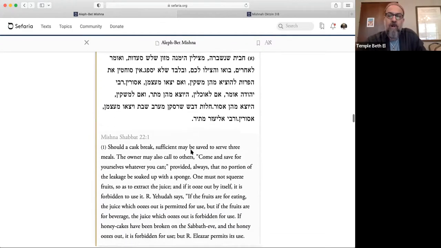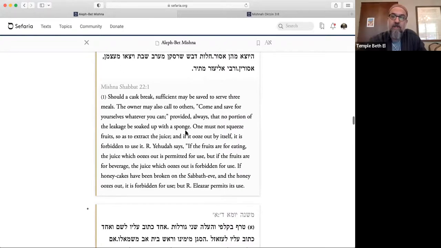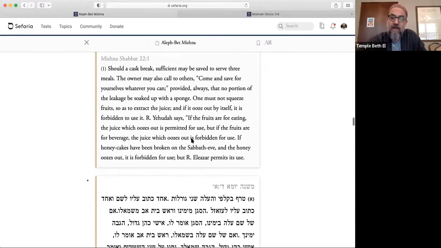We talked about a couple of laws of Shabbat and about how so much of the Mishnah's concerns about Shabbat seem to be concerned with technology and mechanical fulfillment or breaking of the law, including this one here about a broken cask and how much you can or cannot sponge up or collect out of a cask that's been broken.